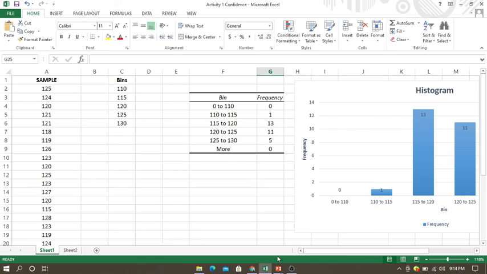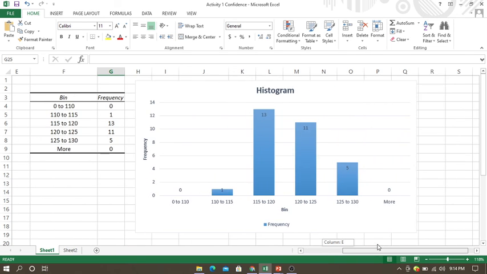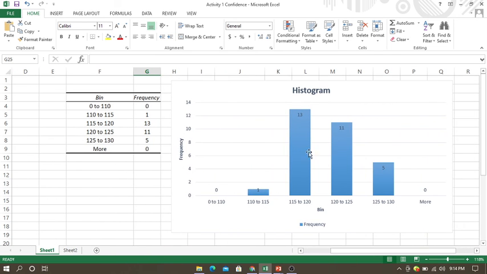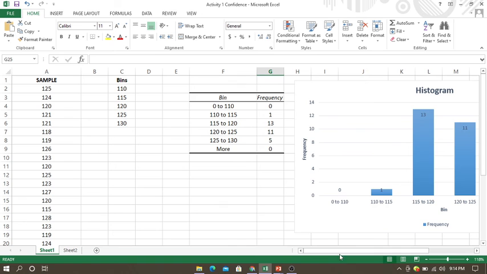So this is the histogram that I came up with by using the sample sizes given.